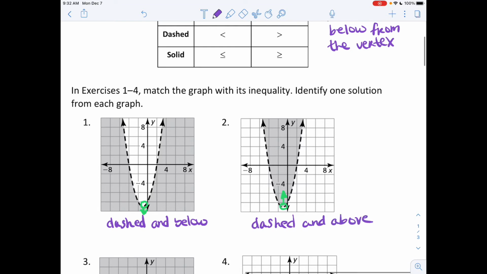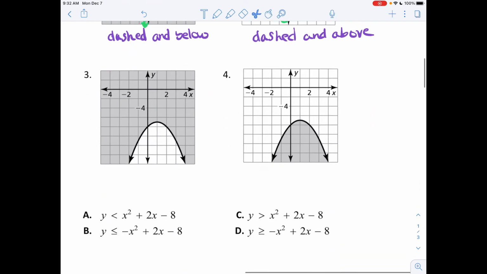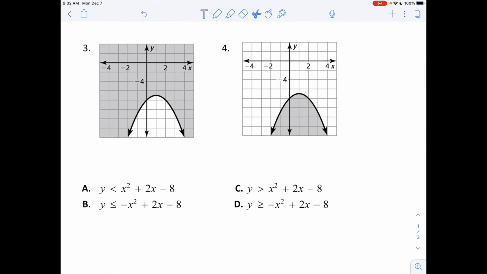All right, so let's go ahead and look at our table here. And for number 1, we are dashed and we are below. So that means we are looking for an equation or an inequality with a less than symbol. Looking at our 4 choices down here at the bottom, I see that choice A has the less than symbol.